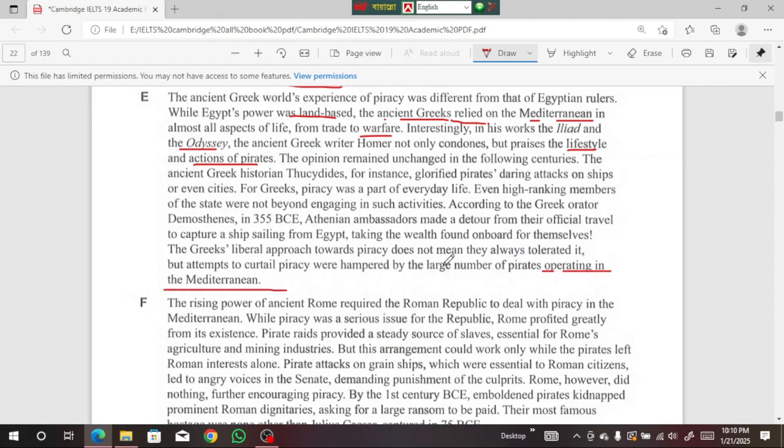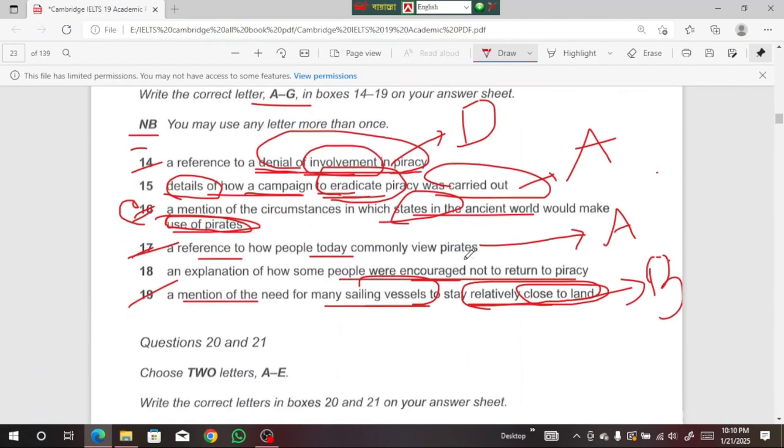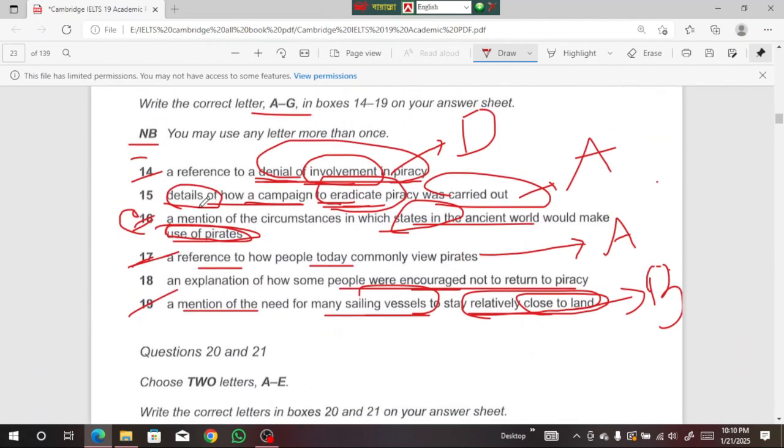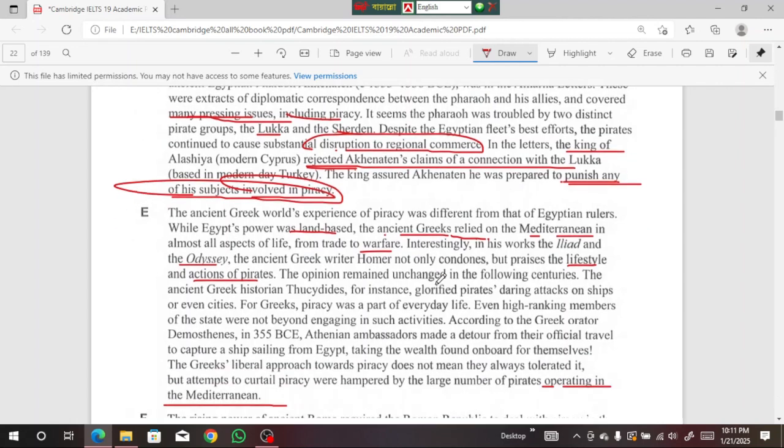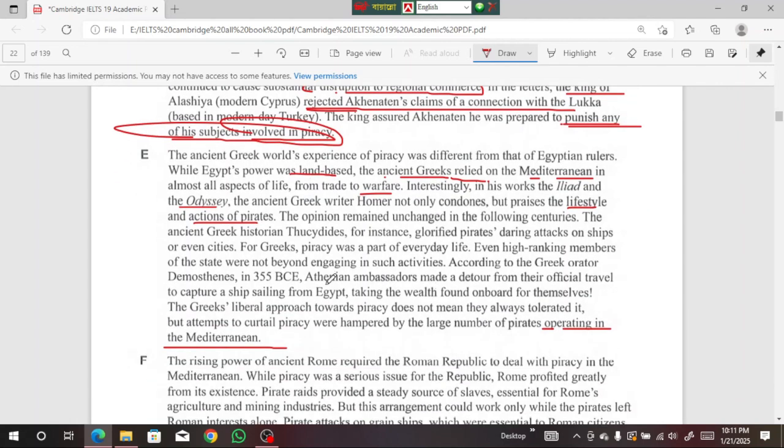We didn't find anything mentionable. We have two questions to answer. There's nothing about eradicating anything, nor about how some people were encouraged not to return to piracy. There's nothing here. Just read the first and the last, and now we read the middle sentences.